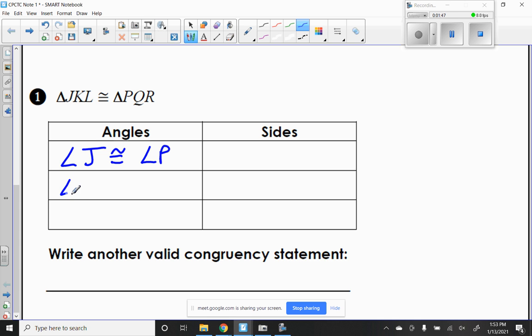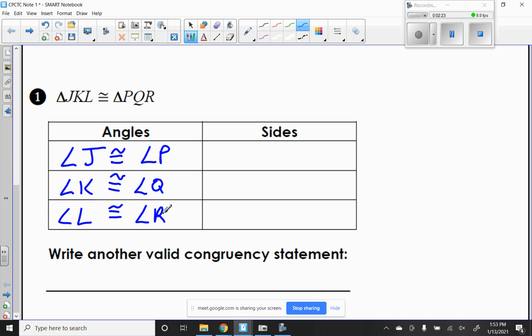That means K is in the middle, so it must be equal to Q. It's not alphabetic order. It's the order in which the letters are in the statement. Angle L is last, so it's congruent to angle R. If you understand that, then if angle J is 80, angle P is 80.